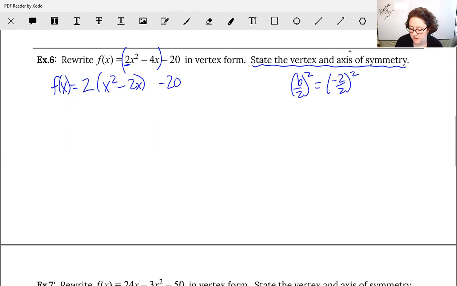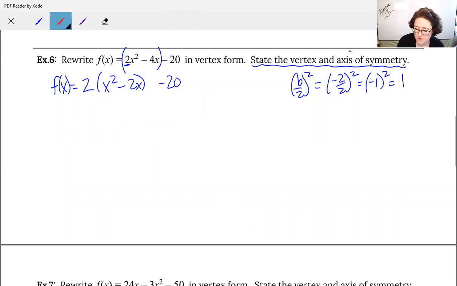But -2 divided by 2 is just a -1, and -1 squared is 1. So again, all this side work is going to tell me exactly what I need to do in my problem. Let me change my color. So this is what we're going to add and subtract. This is what we're going to actually have in our final factoring.